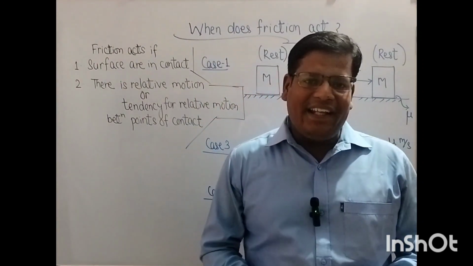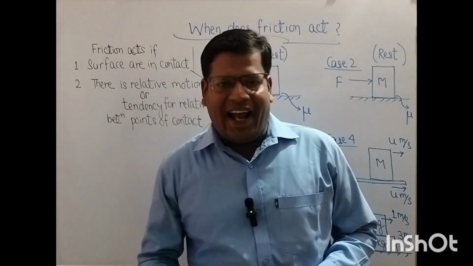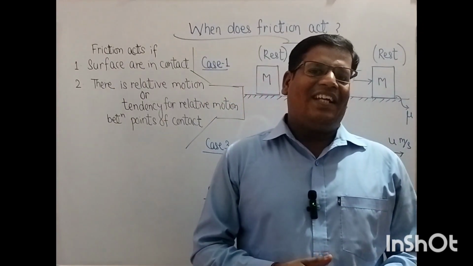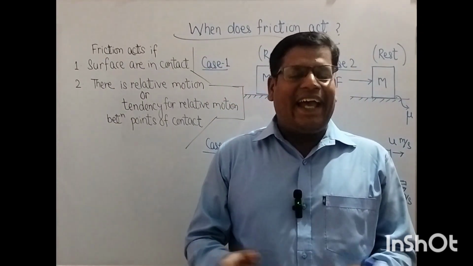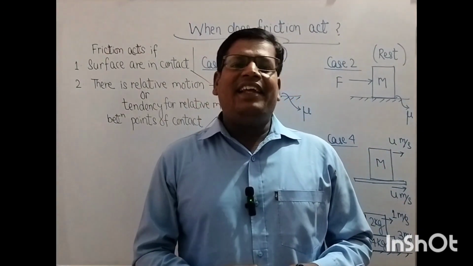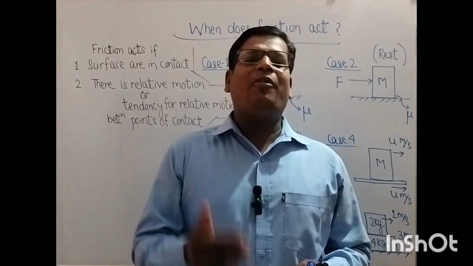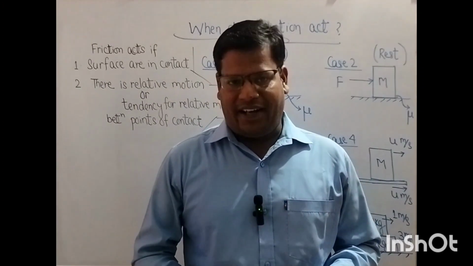I am repeating it again. Friction acts if the surfaces are in contact and they are rough, and second, if there is relative motion between the points of contact or tendency for relative motion between the points of contact.